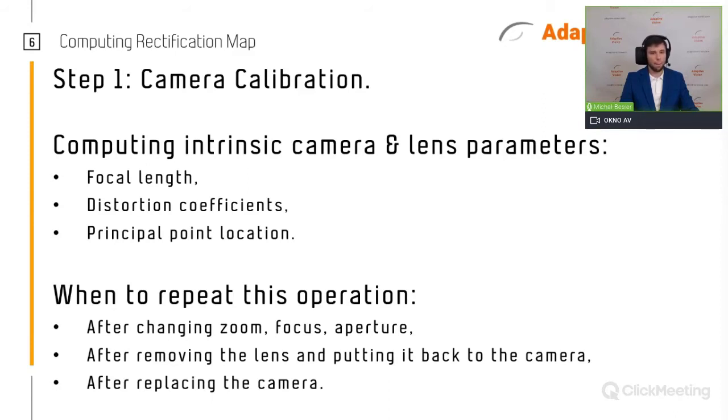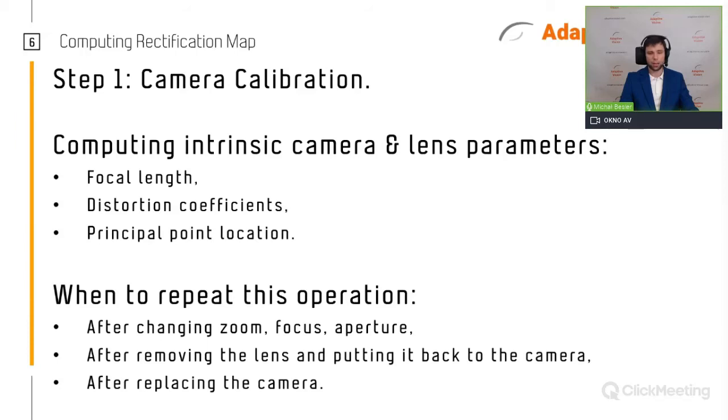In fact, this operation can be performed beforehand, so that once we adjust the zoom and the aperture of our camera, we can perform this step of camera calibration. It can be even in the office before moving to the production line.